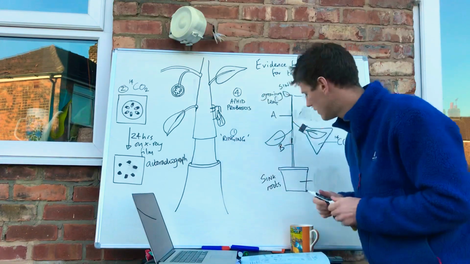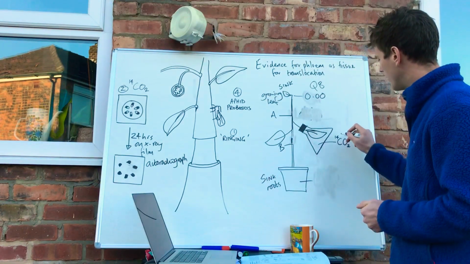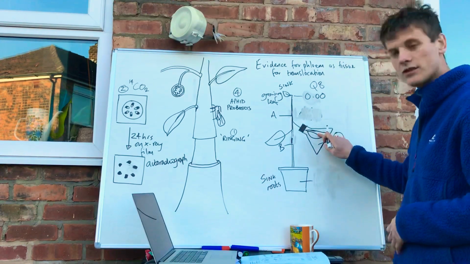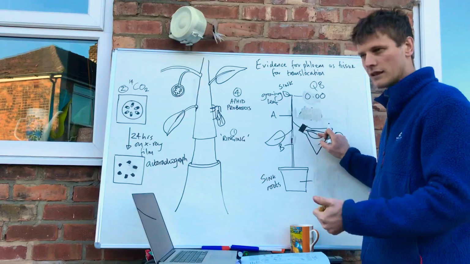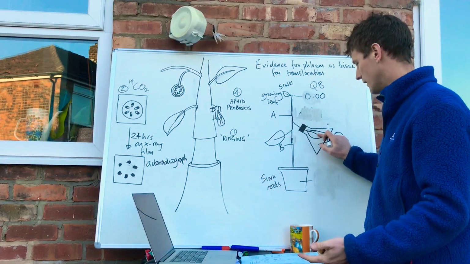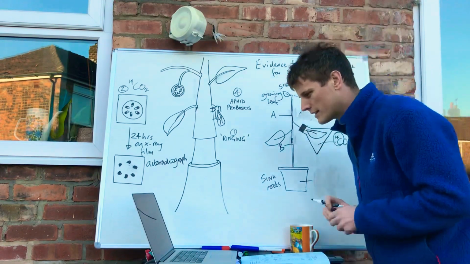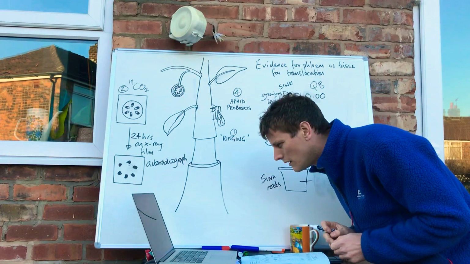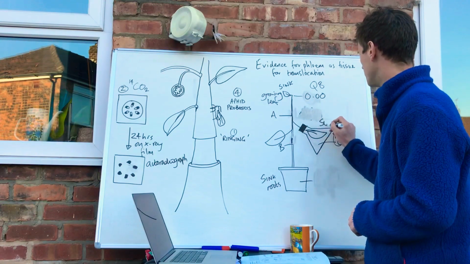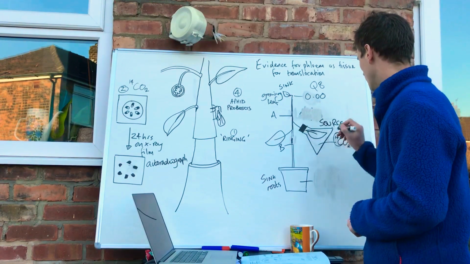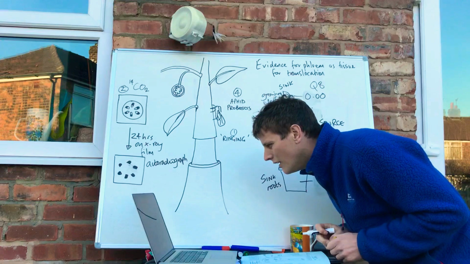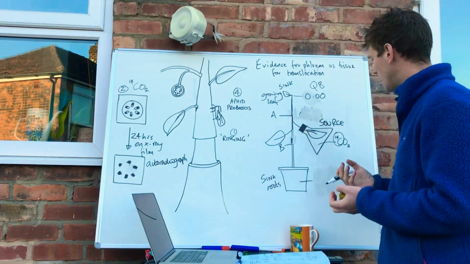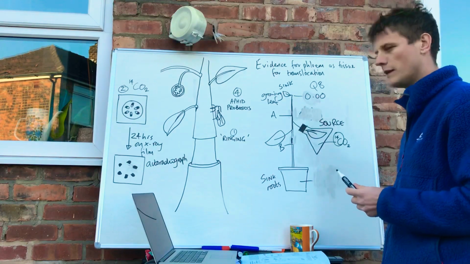The only difference is that radioactive carbon is incorporated into the photosynthetic products, so into the carbohydrates like sucrose, into amino acids, etc. That happens at the source, and then the rest is a description of mass flow theory.